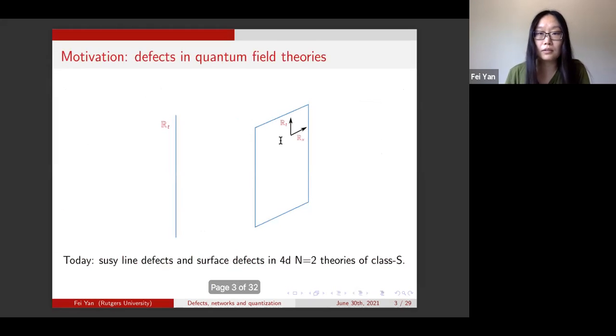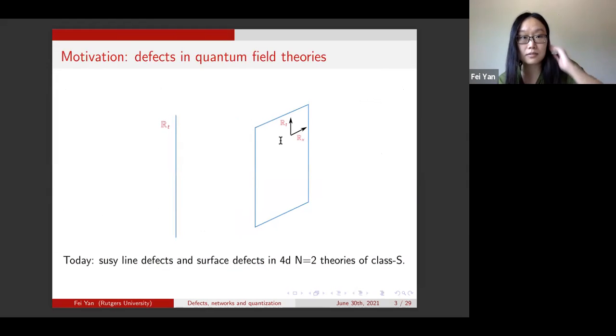So how did I get into this business or these businesses? The motivation comes from the study of defects in quantum field theories from a physics point of view. Defects are a rich subject to study, and they're good as they sometimes encode lots of non-perturbative properties of the quantum field theory.